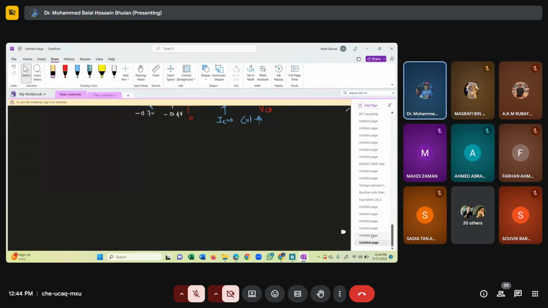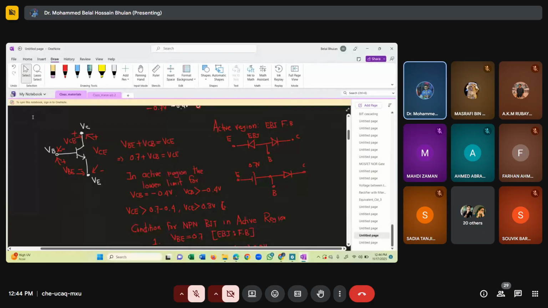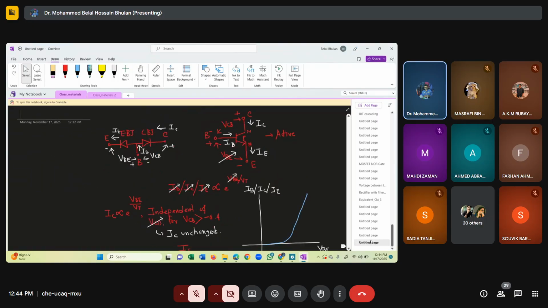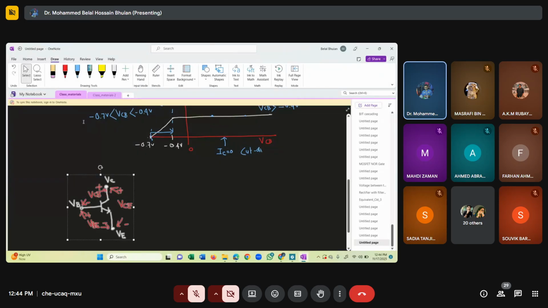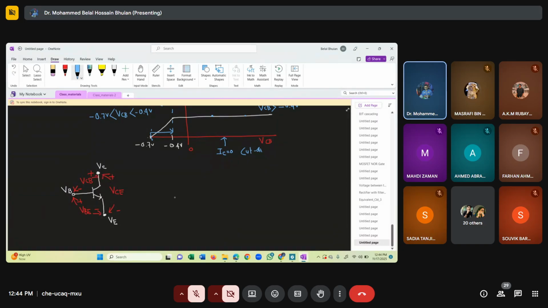Okay, I think now I can follow this. BJT voltage. So we have this NPN BJT, and we have 3 terminals: base terminal, collector terminal, emitter terminal, or base node voltage, collector node voltage, or emitter node voltage.